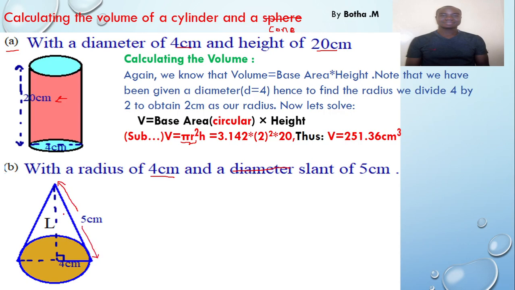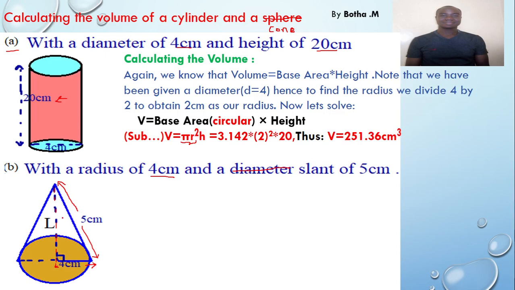Now the height we don't have for this cone. We don't know how high the cone is, but we have been given the radius at the bottom, which is 4 centimeters.